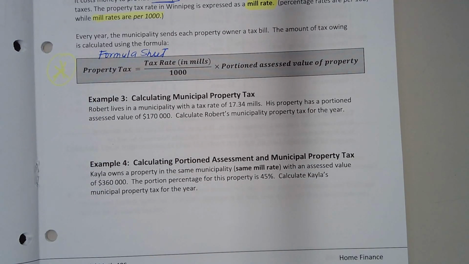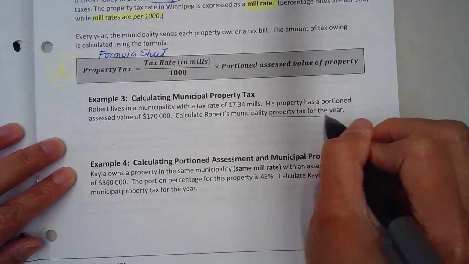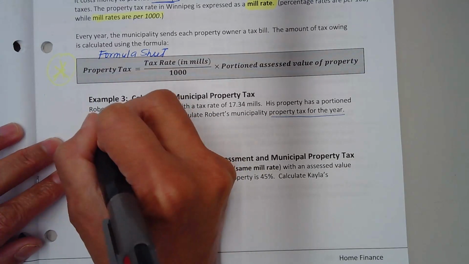Example number 3: Robert lives in a municipality with a tax rate of 17.34 mills. His property has a portioned assessed value of 170. Calculate Robert's municipal property tax for the year. So how much is the property tax?